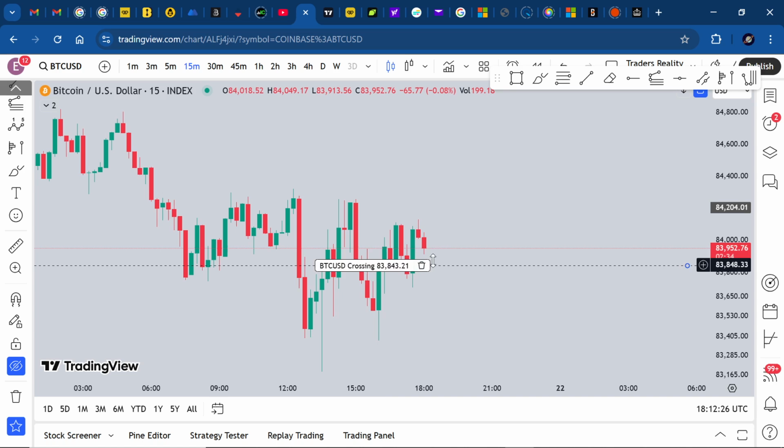I think it's possible it's going to be the next 15-minute candle that just goes a bit lower and comes up, so we get 1, 2, 3 pushes to the low. I don't expect it to close bearish. I'd expect it to take this low.